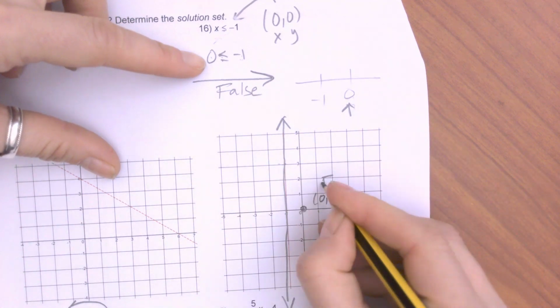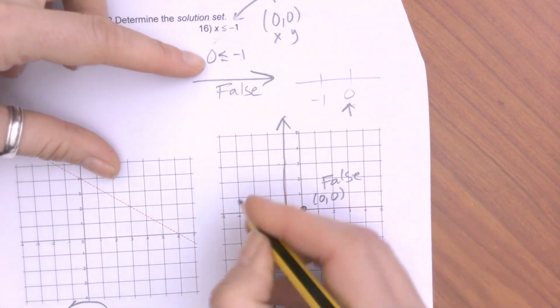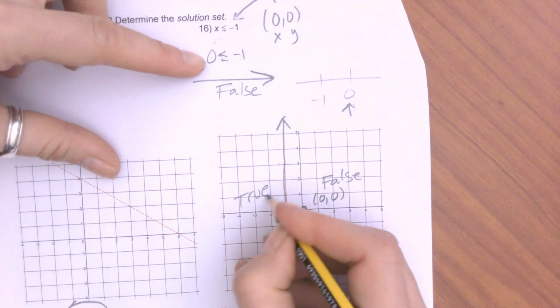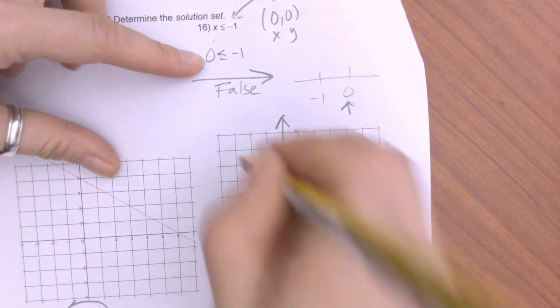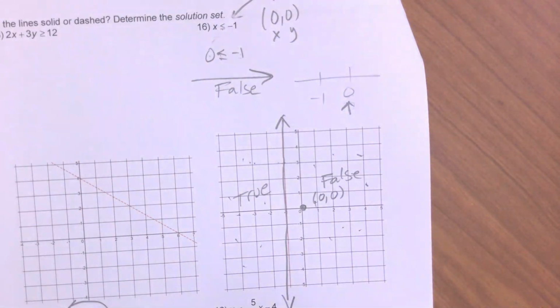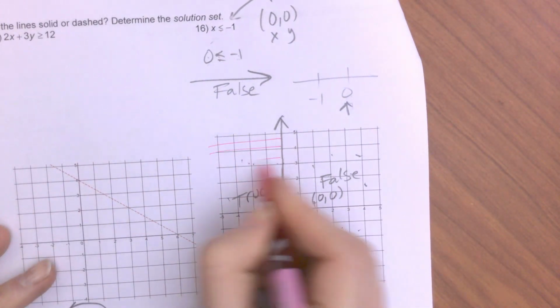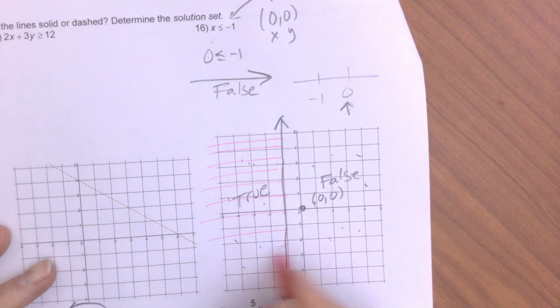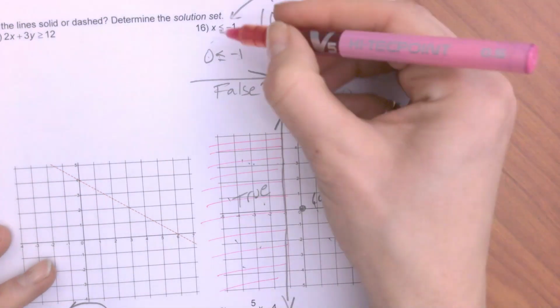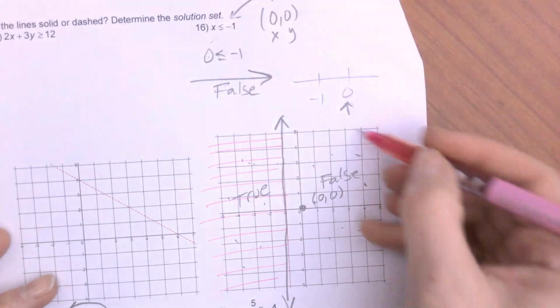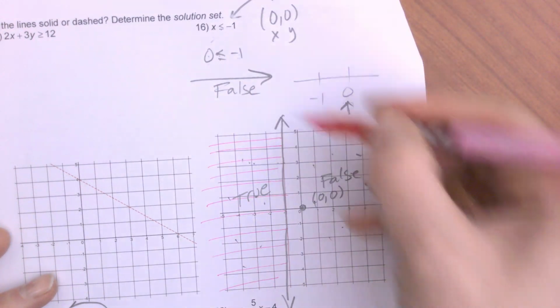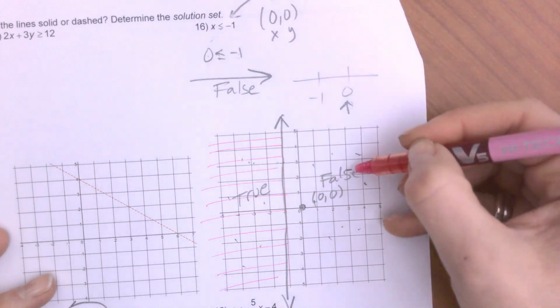That means all the points on this side are false, and all the points on this side are true. The solution set is always all the true points. It means if I substitute these points into the inequality, it'll always become true. And all of these other points, if I substitute them into this inequality, will be false.